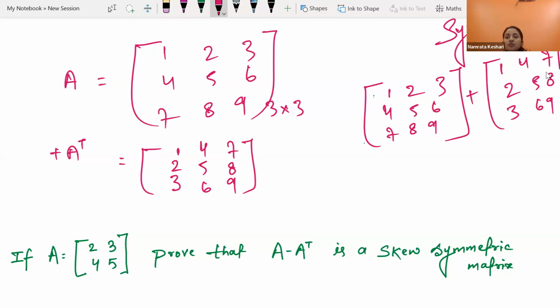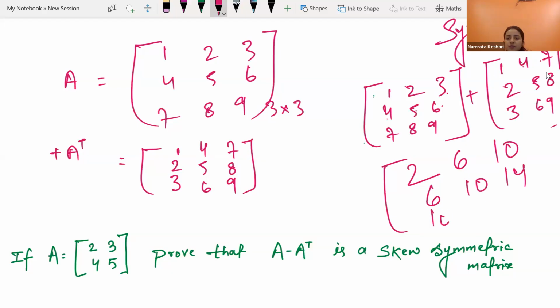When we add them, 1 with 1 is 2, then 6, 10, 10, 10, 14, 18. Now this is the result of A plus A transpose.